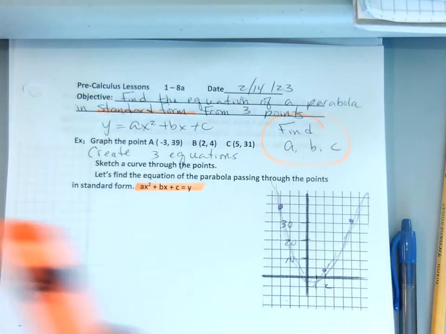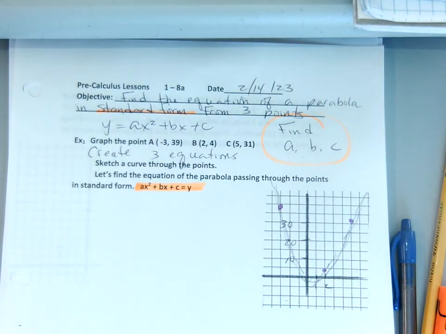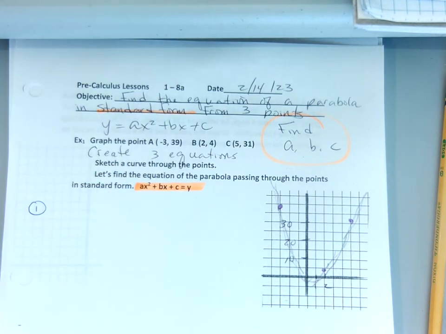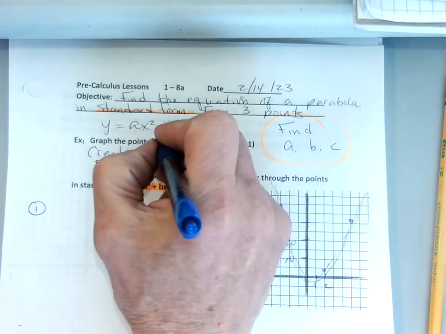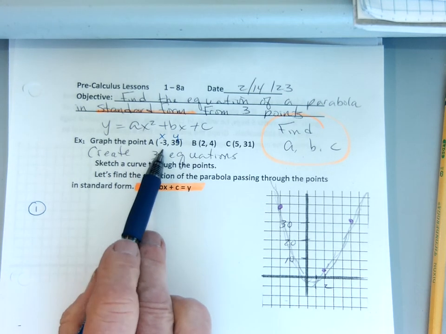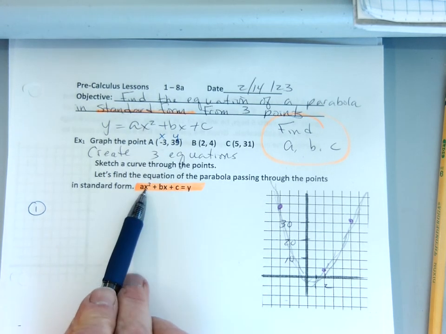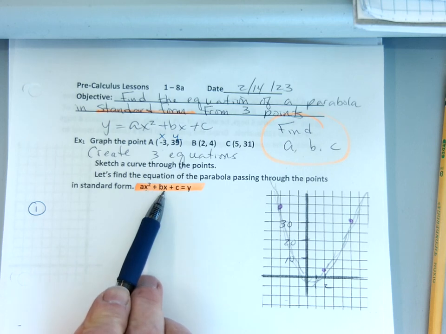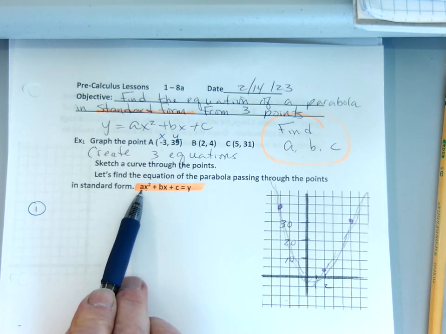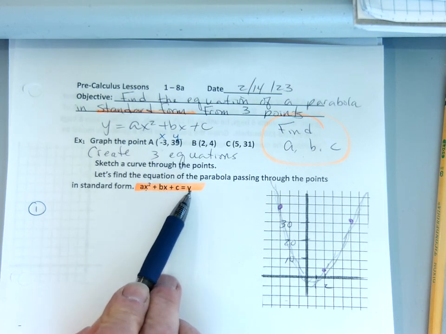Now, since we have 3 points, we're going to have 3 equations. So, equation 1. Every point has an x and a y value. I'm going to plug my -3 x value into this x and into this x, and I'll put my 39 in for y. So I'll put in my -3 for x here, and my 39 for y right there.